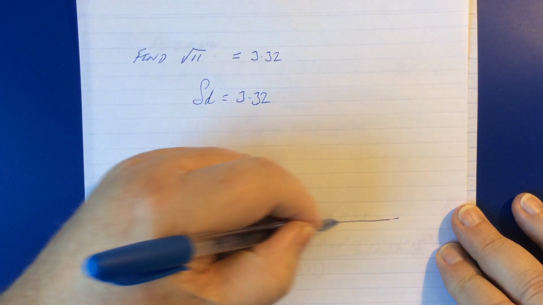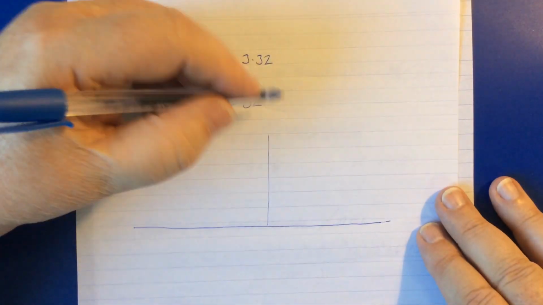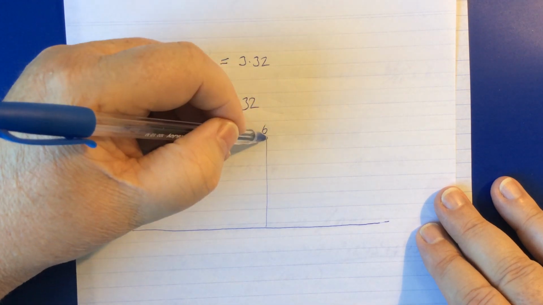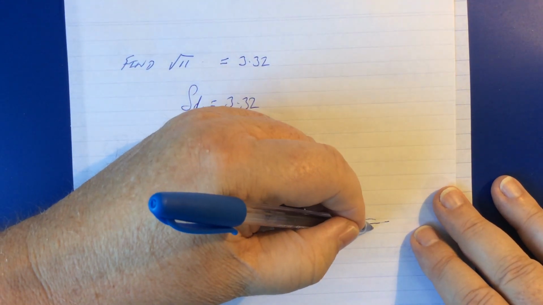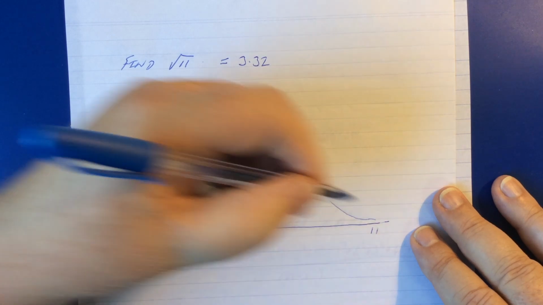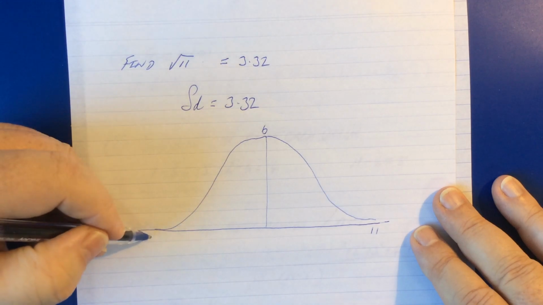Now, for a little bit of quick artwork, the mean we decided was 6. And here's our data. It goes from I think 1 to 11 or something like that. Did I get that right?